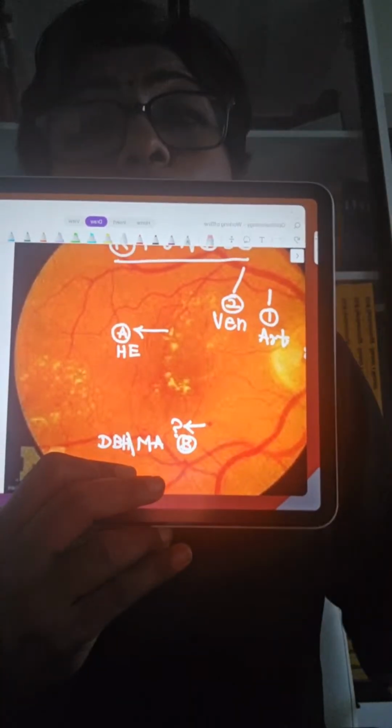Now on a fundus fluorescein angiography, how will a microaneurysm look? It will light up with the dye. It will become hyperfluorescent, well-defined bright dots on FFA. Whereas your dot blot hemorrhage will block the fluorescence.